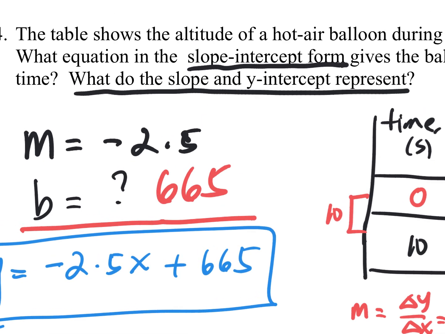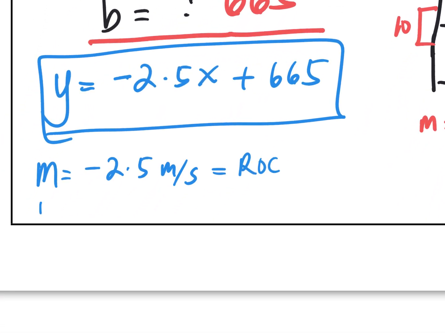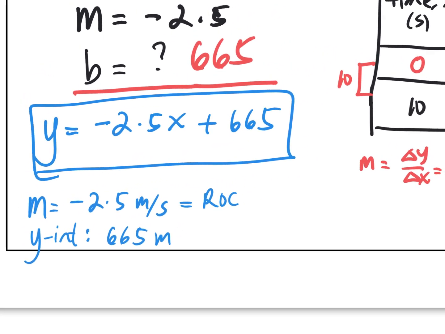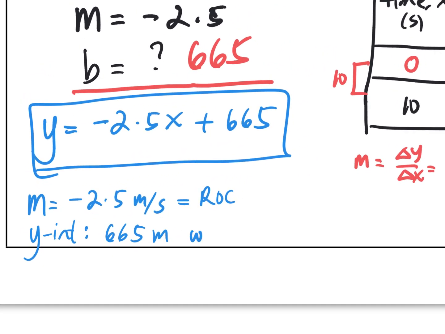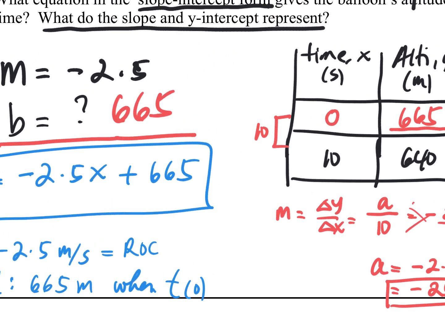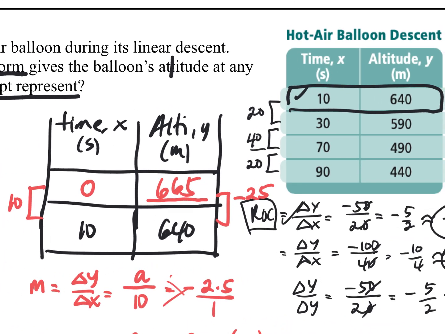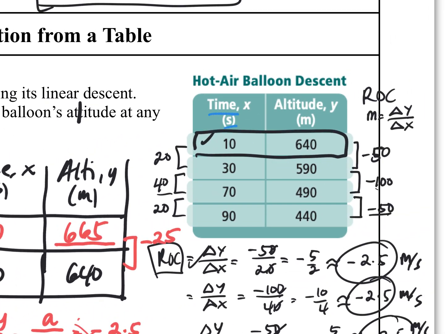The second question is, what about the y-intercept? The y-intercept represents the height of the balloon, which is 665 meters when t is equal to 0, because we have our time in seconds.